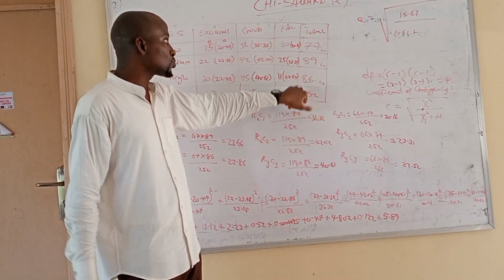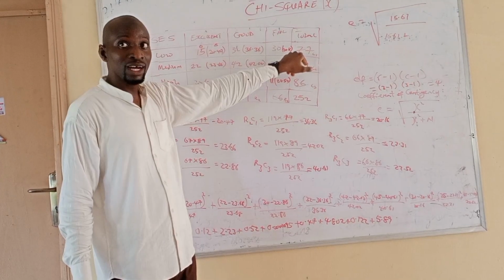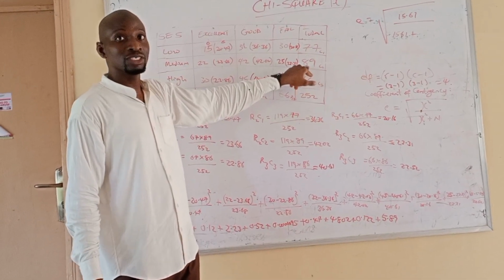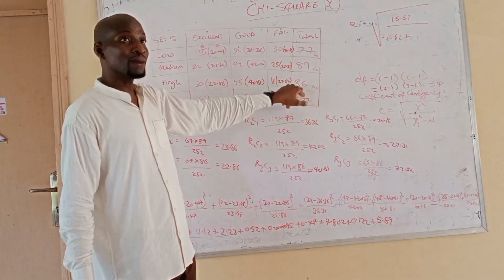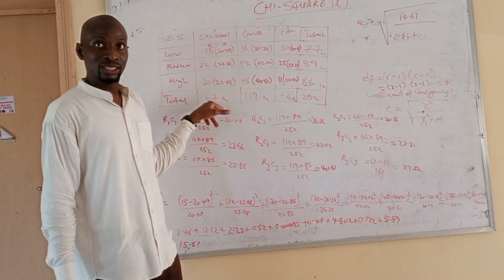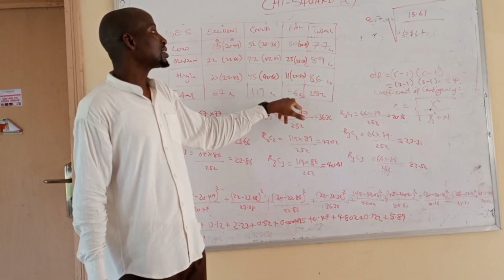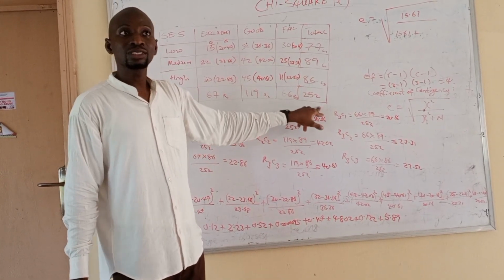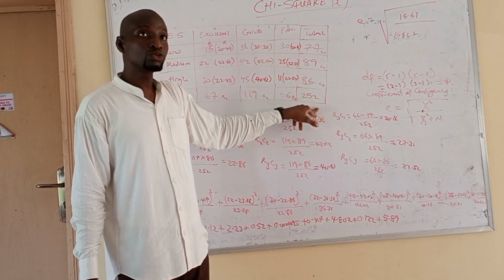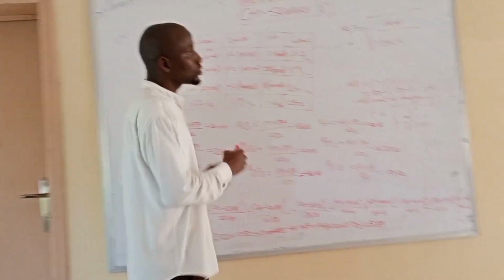Out of 252 students, 77 of them are from low, 89 are from medium, 86 are from high. Out of 252 students, 67 of them have excellent score, 119 have good score, 66 failed. So your n is what? 252, the total sample that you are working with. So you have to take note of that.